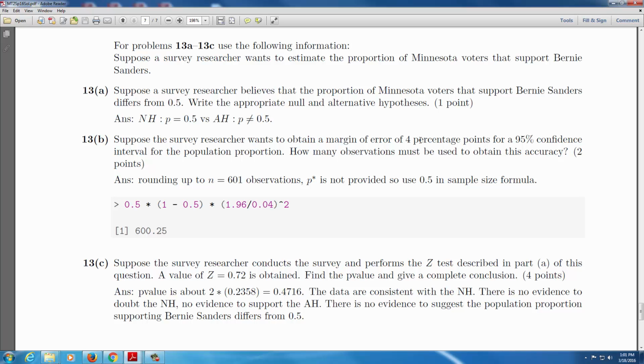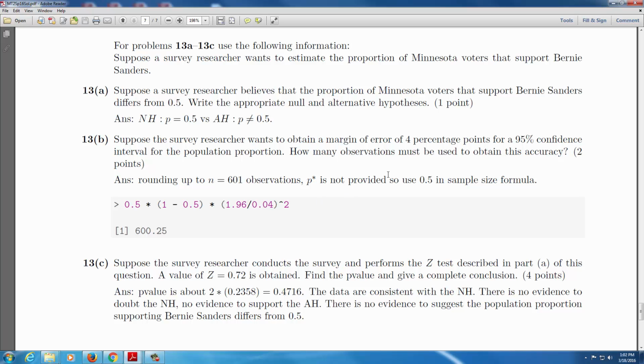And so we would need to plug into the sample size formula for a proportion. A lot of people tried to use the sample size formula for an average, and that doesn't work. You need to use the formula for a proportion, and it would be 1.96 for the multiplier divided by the margin of error m of 0.04. That would get squared, and then you'd multiply by a p star of 0.5 and a 1 minus p star of 1 minus 0.5.